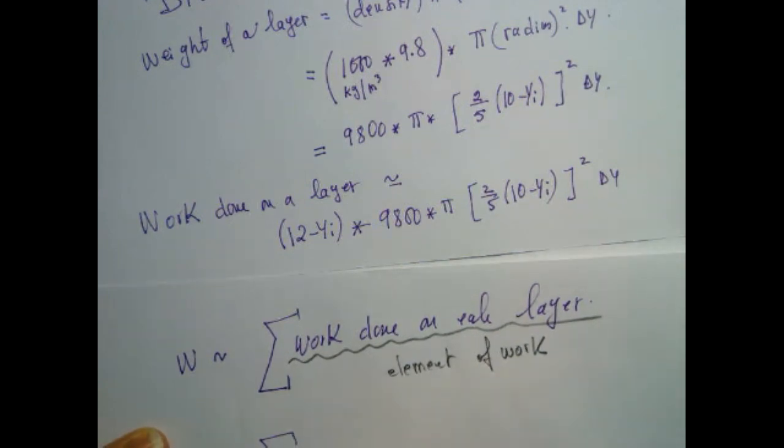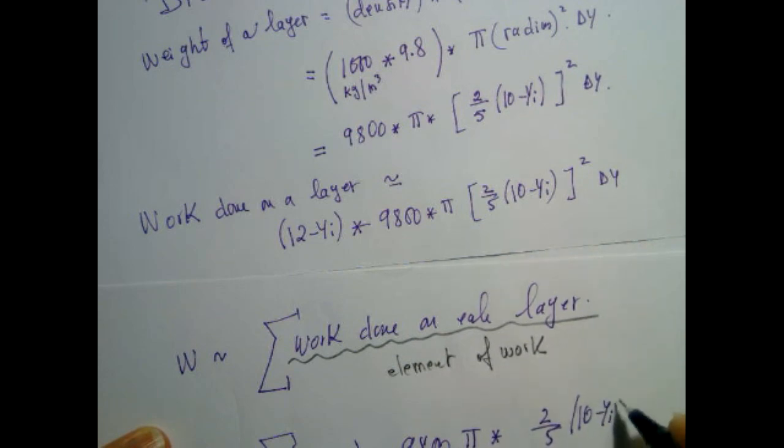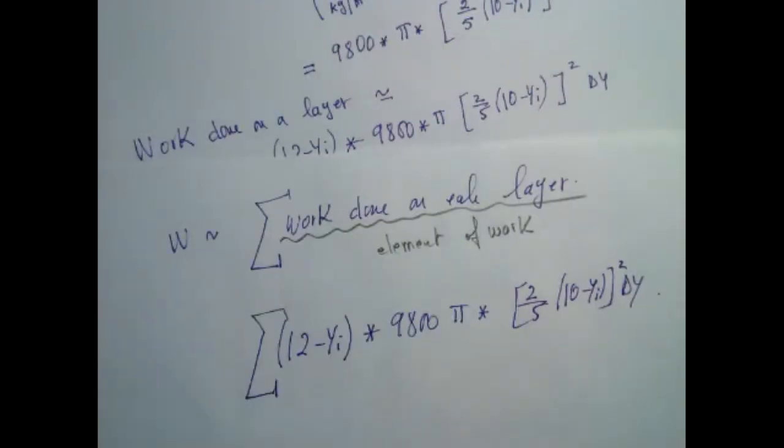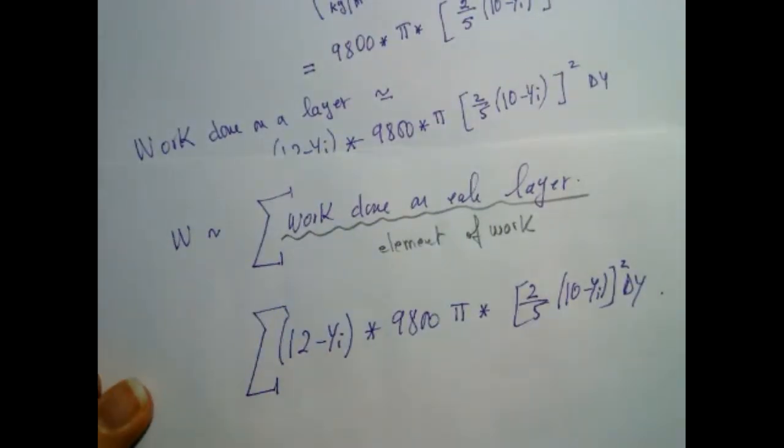So this is nothing more than the sum of the 12 minus yi times the 9800 pi times the radius, delta y. So finally, the total work.